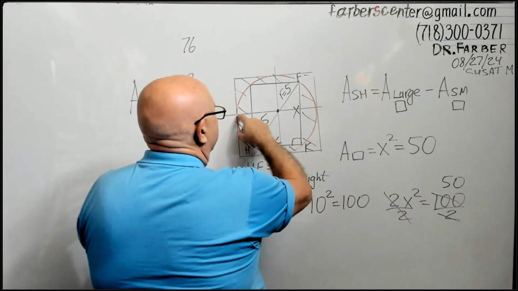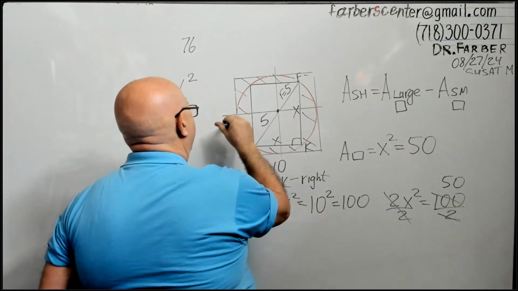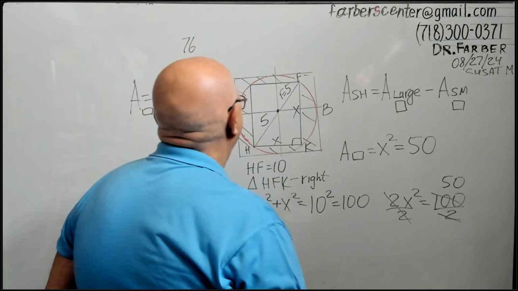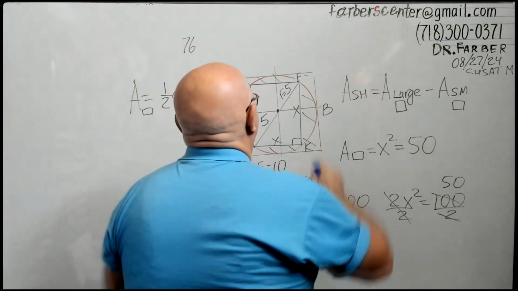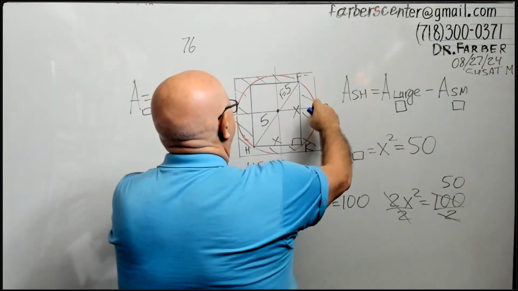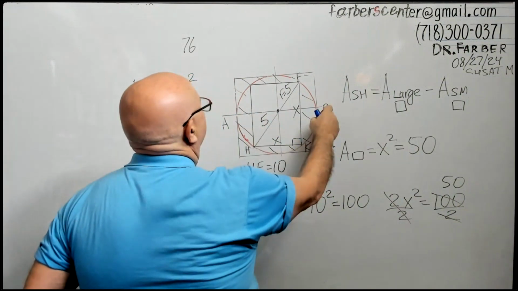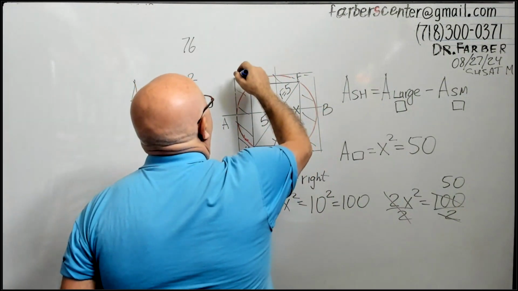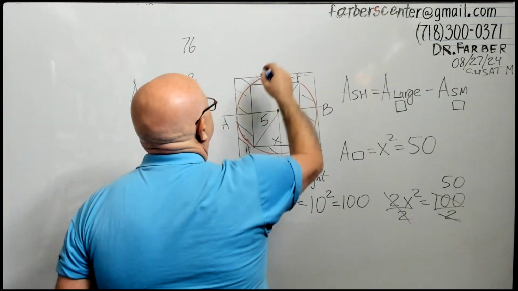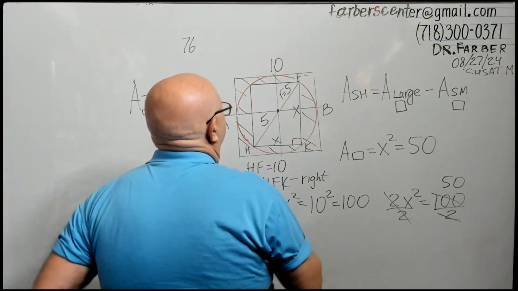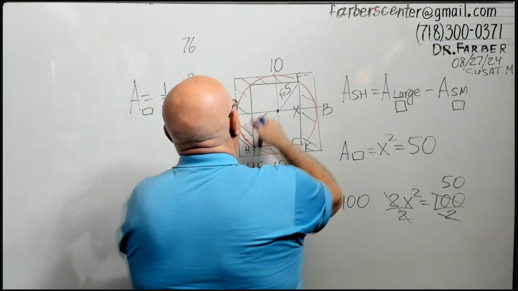Can you see this side, let's say AB? This is diameter of circle, always 10. If this is 10, the opposite side of these rectangles are the same. This is 10. If I put this diameter vertically, this side is 10.